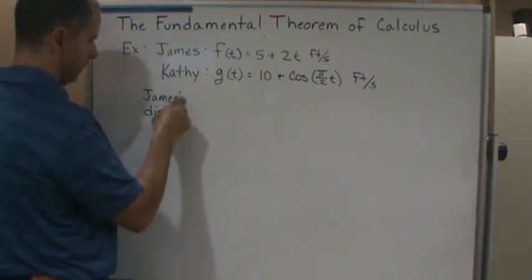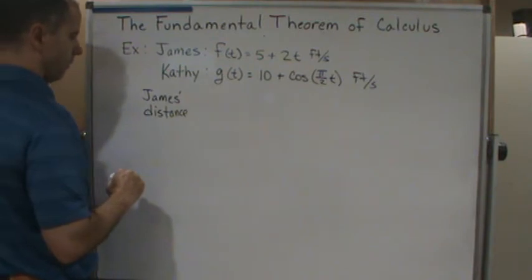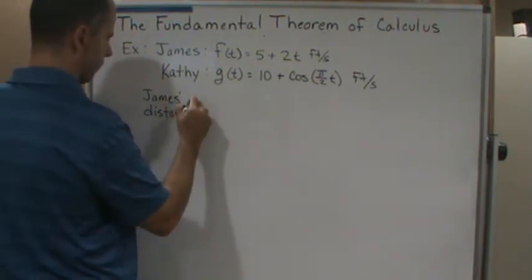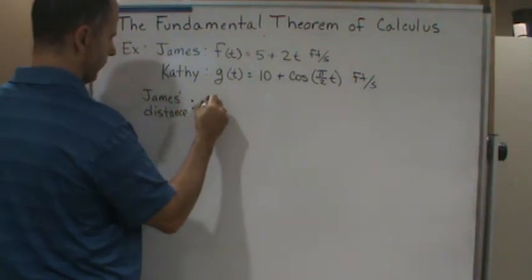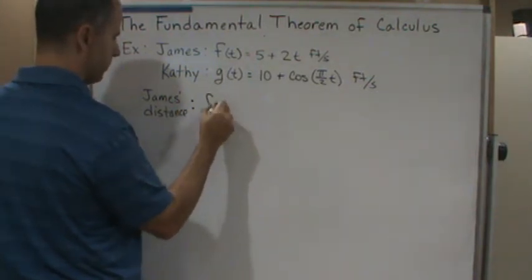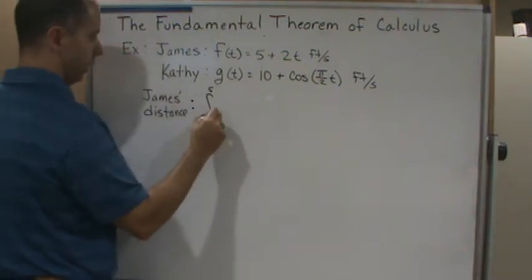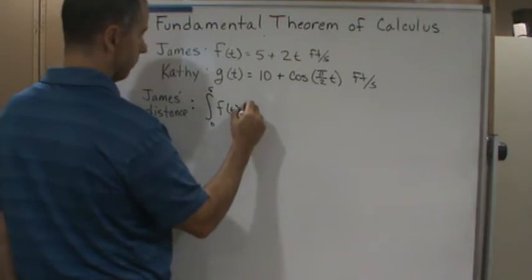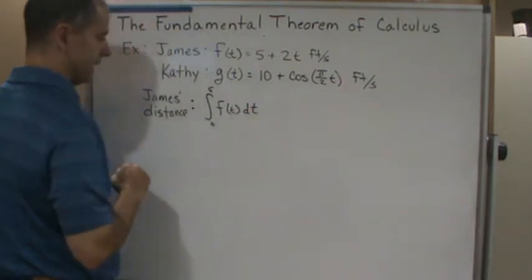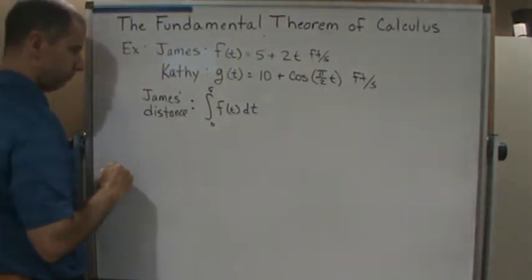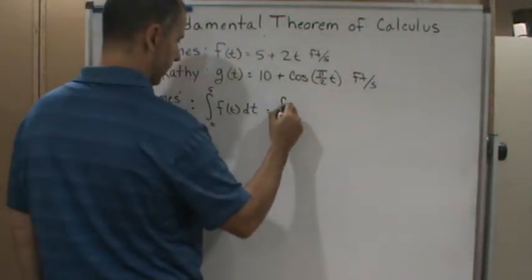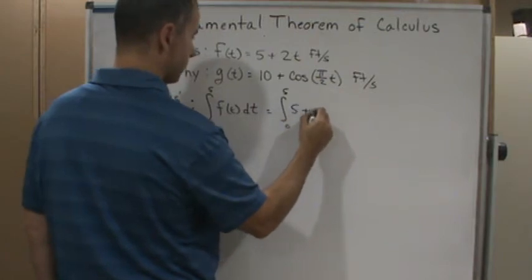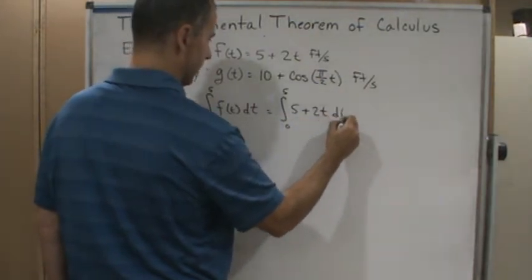So James' distance is going to be the integral from 0 to 5 of f of t dt, right? Which is going to be the integral from 0 to 5 of 5 plus 2t dt.